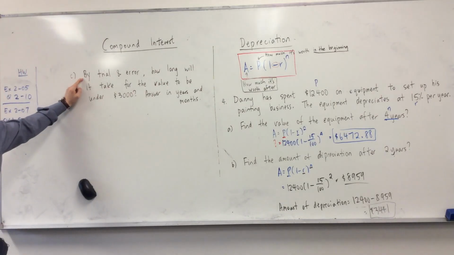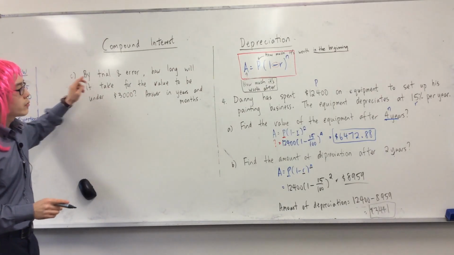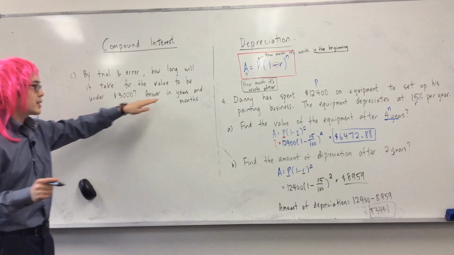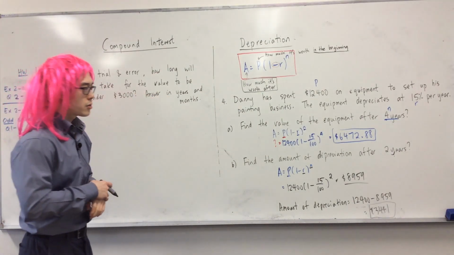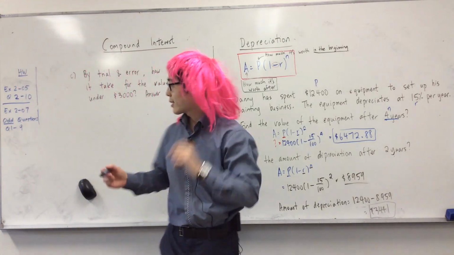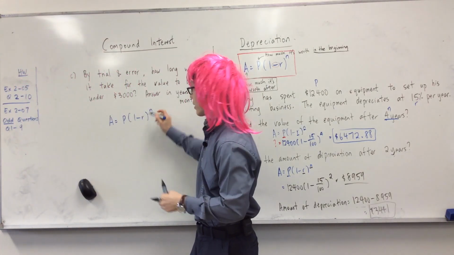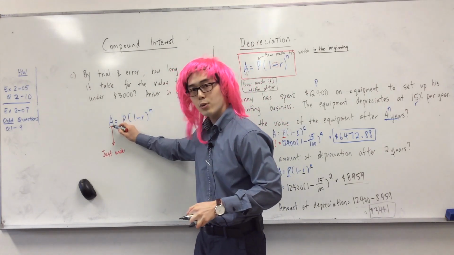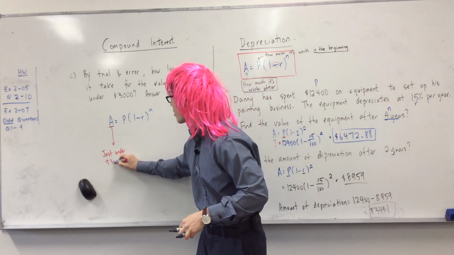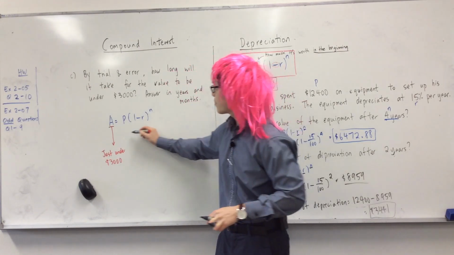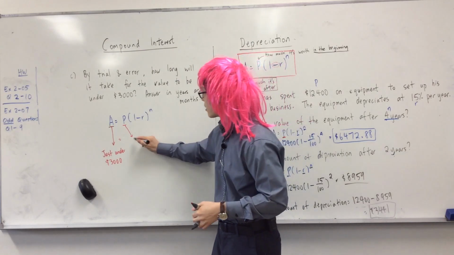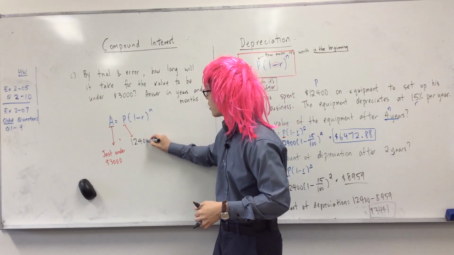By trial and error, how long will it take for that equipment to be worth just under $3,000? Answer in exact years and months. In order to do that, let's write down the formula. Let me write down what the question wants. I want this total amount to be just under $3,000 when the principal is still the same, my starting value, 12,400.